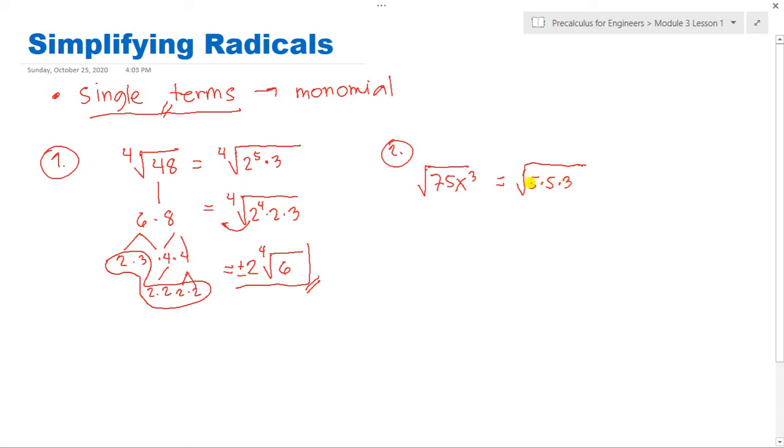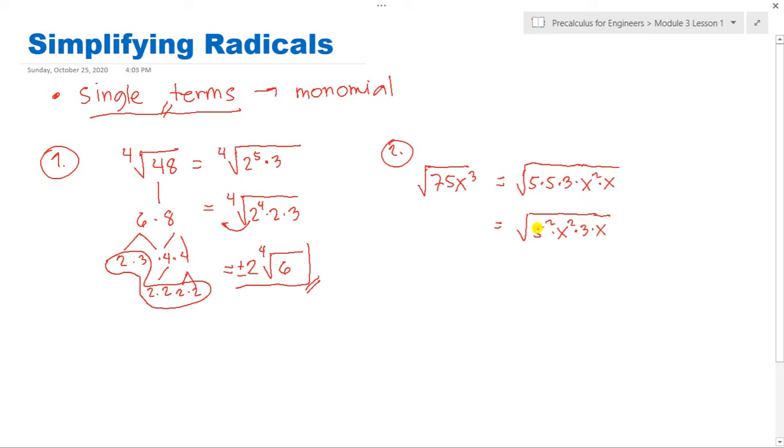Di ba? 5 times 5, 25 times 3, 75. And then, we can also rewrite x cubed as a product of x squared times x. So remember sa exponent natin. Then, the 5 here can be converted into exponent. So we have 5 squared times x squared times 3 times x.